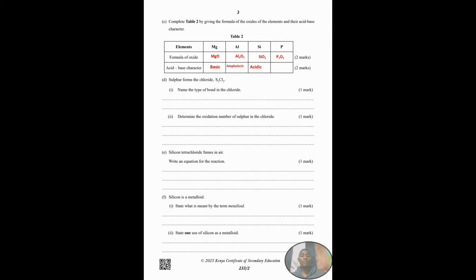Silicon 4 oxide is an acidic oxide, and phosphorus 3 oxide is an acidic oxide. Learners, in the distribution of the marks, we had 2 marks in each row. Each has a mark. Same for the second row, each has a mark.